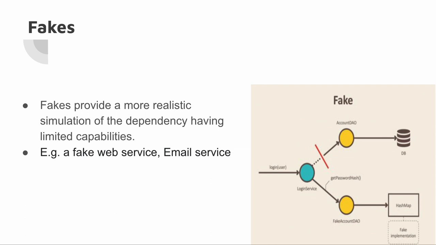So if we are testing that, we have to create a realistic version, because previously the data was stored in the database, and now we have to store it in our fake database, which we can take as a hash map here. And once again, if the user logs in, we can verify from the hash map. In this way, we can implement a fake.